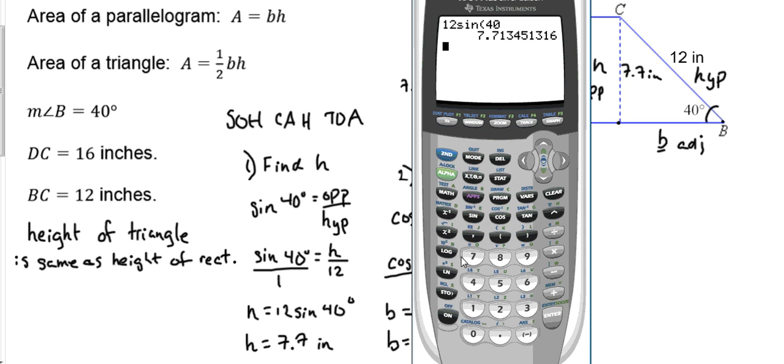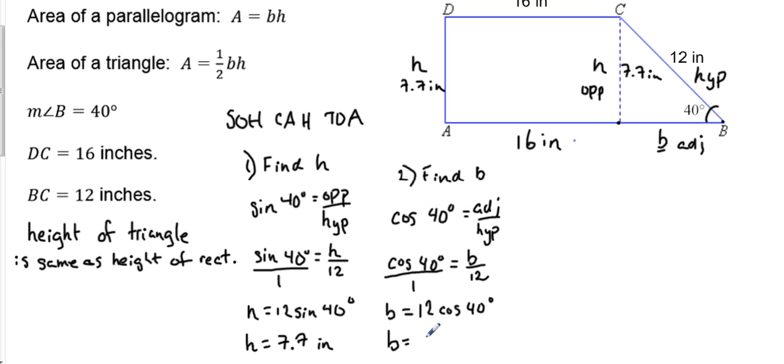And let's type that into the calculator. So 12 cosine 40 degrees. And we're going to round that off to 9.2 because this is a 9 here. That'll make the 1 round up, and that'll be 9.2 inches. And we're going to put that down here. So 9.2 inches.